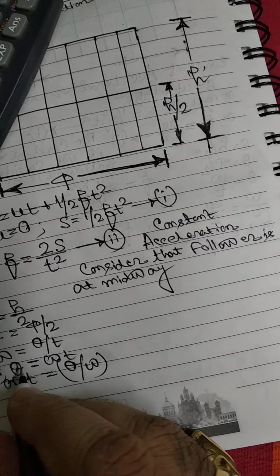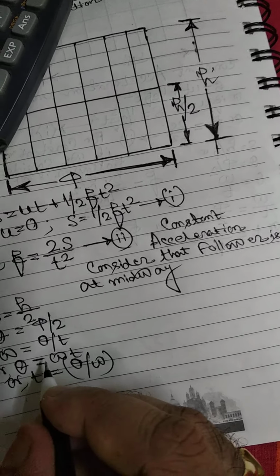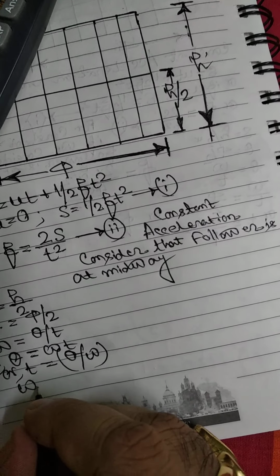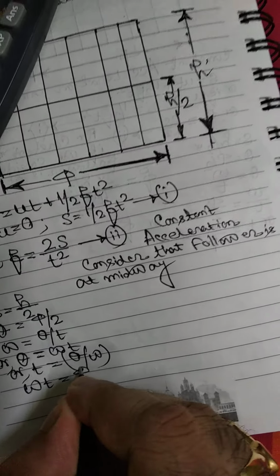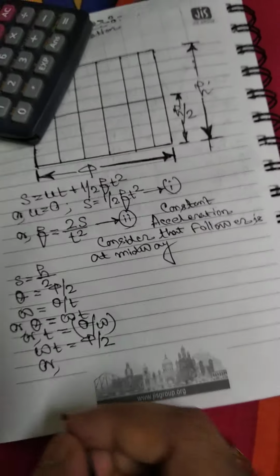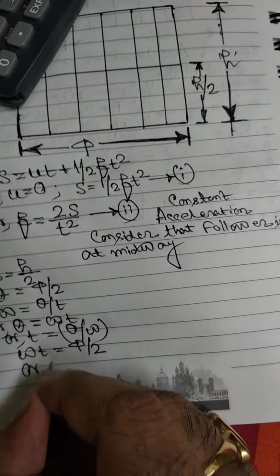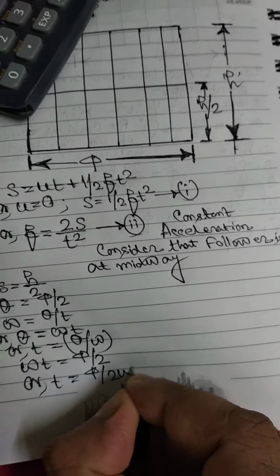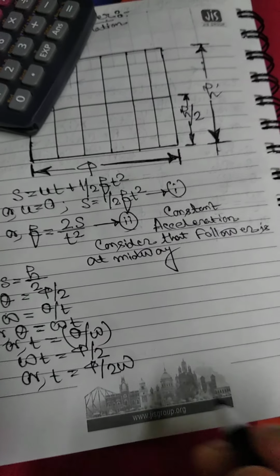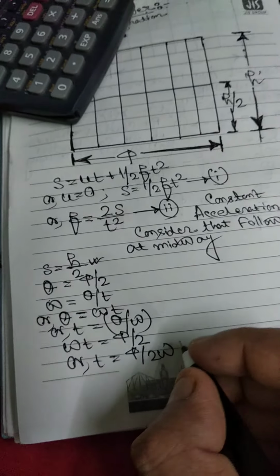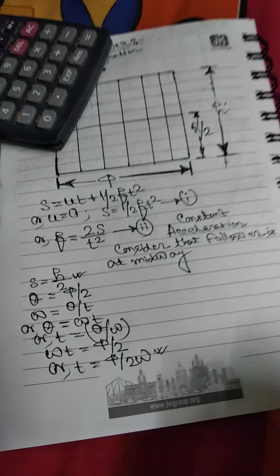So now if omega t equals phi by 2, then t equals phi by 2 omega. Now put the values s equals h by 2 and t equals phi by 2 omega into equation number 2.